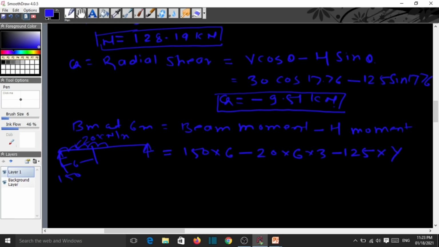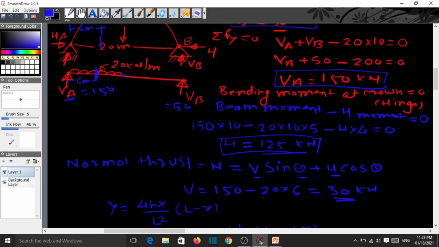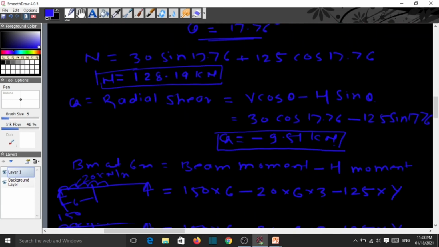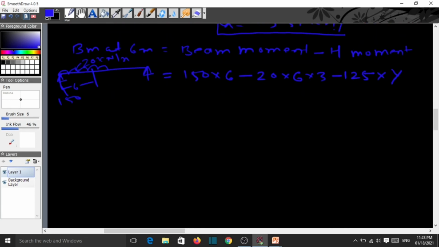Where is the y? Now, this height we call as the y. So how to find this y? For the parabolic arch, the y is equal to 4hx divided by L square into L minus x. This is for the parabolic arch.